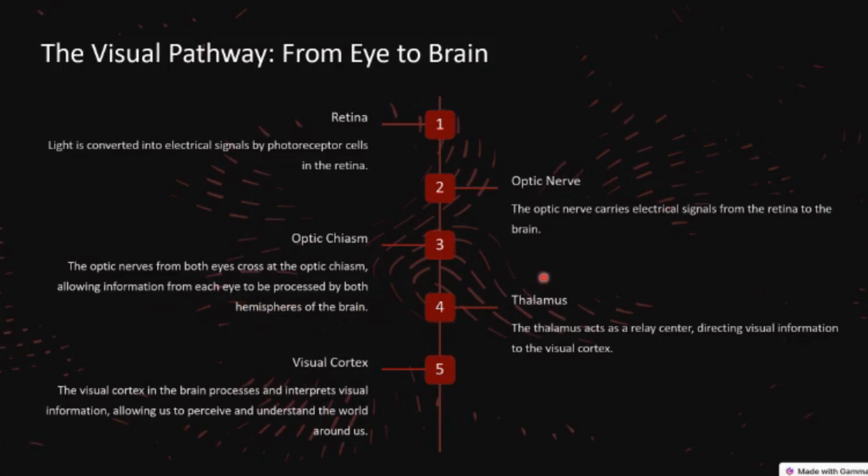So the left side goes to the right hemisphere and the right side goes to the left hemisphere. The thalamus acts as the relay center, directing visual information to the visual cortex. The visual cortex in the brain processes and interprets visual information, allowing us to perceive and understand the world around us.